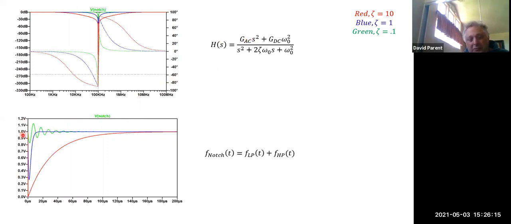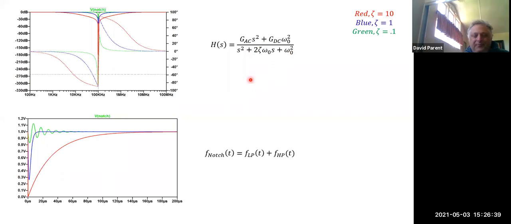If you were to zoom in on this, you would see that all 3 of them start at 1, which is the high frequency part, which would mean the gains are all 1 here. You can see they all settle to 1, which would mean all the DC gains are 1 as well, and that you'd have some second order transfer function.